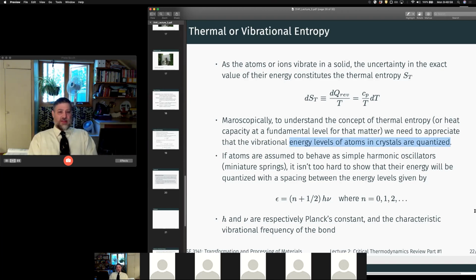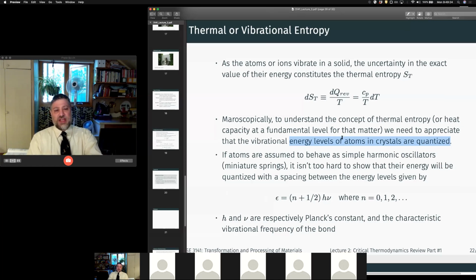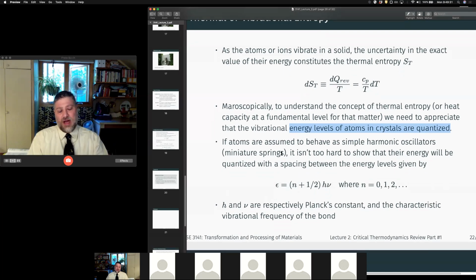If you try to theoretically calculate the energy output of an oven, you end up with infinite energy. And this concept of thermal entropy, the way we have to think about things being quantized, falls back into that same problem. So this relates to the last standing problem in classical physics, or one of the problems that led to the development of quantum physics.